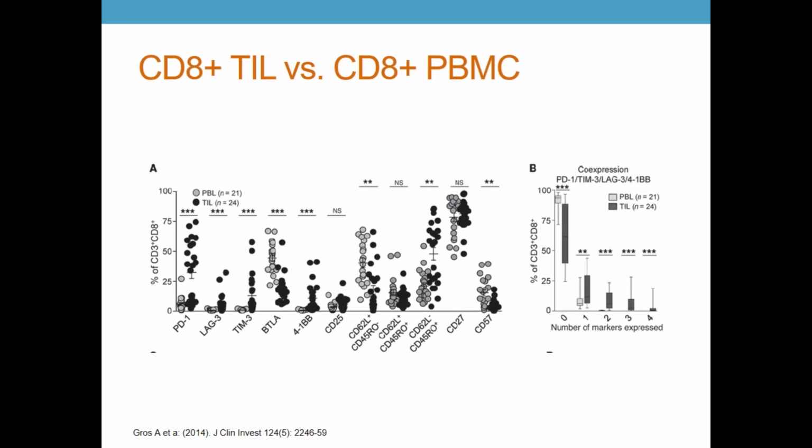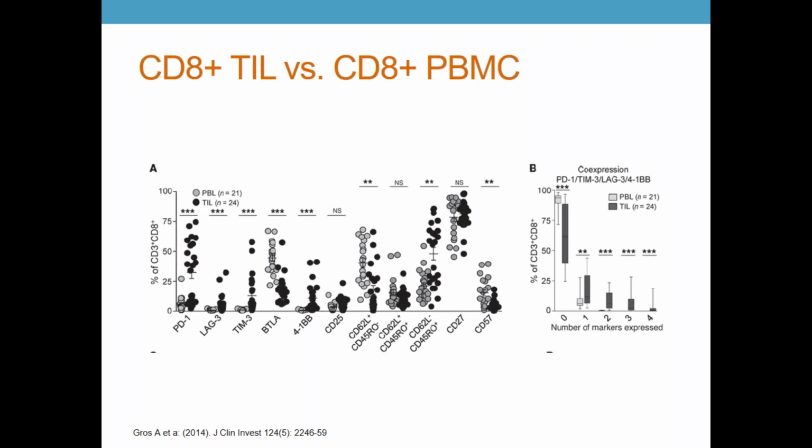Now, we all know when we look at our patients, we're looking at peripheral blood. But if we were measuring TILs in the tumors, we might find that there is a much higher level of these effector memory cells. So when we look at the changes in ELISpot test in peripheral blood, it may not be the best reflection of what's actually going on at the site of the tumor.